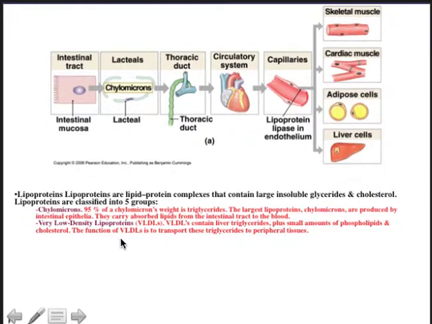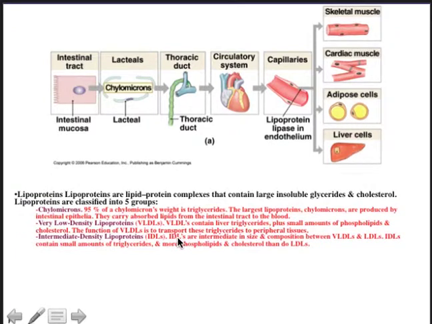The function of VLDLs is to transport these triglycerides to peripheral tissue. So when we're making these low density lipoproteins, we're in lipid storage mode.